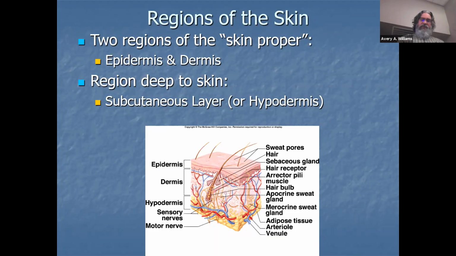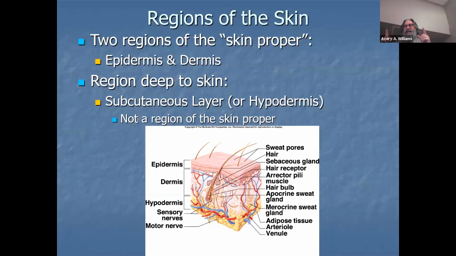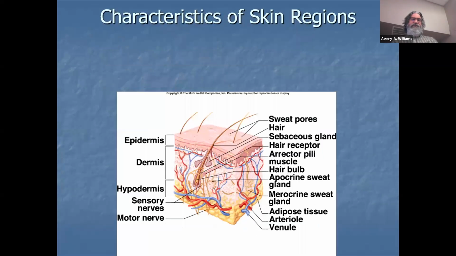So hypodermis, subcutaneous layer. It's part of the integumentary system, but it's really not a part of the skin proper per se. It's really not a part of the skin as an organ. It's the stuff that's underneath it, subcutaneous, or hypodermis.